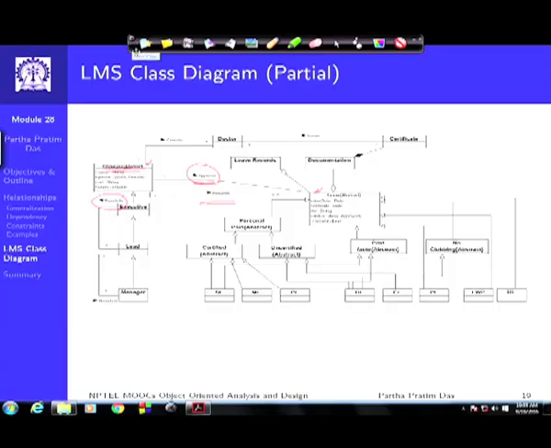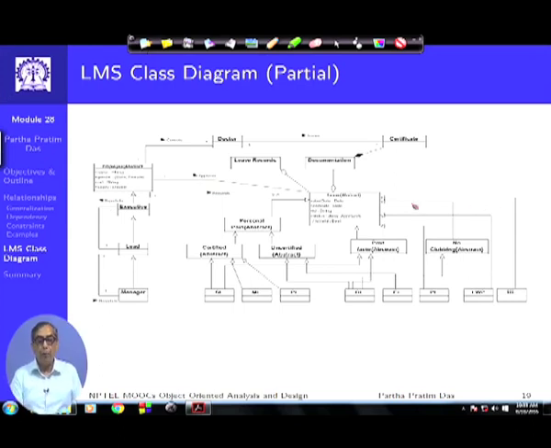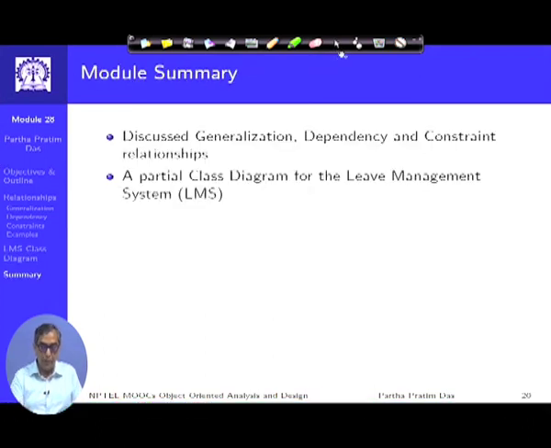So, whenever an approval has to happen, that reporting relationship will also have to be valid. That sets a constraint. I will leave it to you to discover more and more associations, aggregations and generalizations, the constraints and so on, and try to complete this diagram. At a later point of time, we will come up with the solution also.